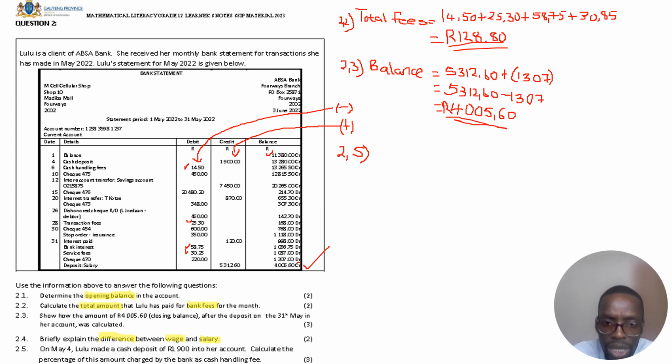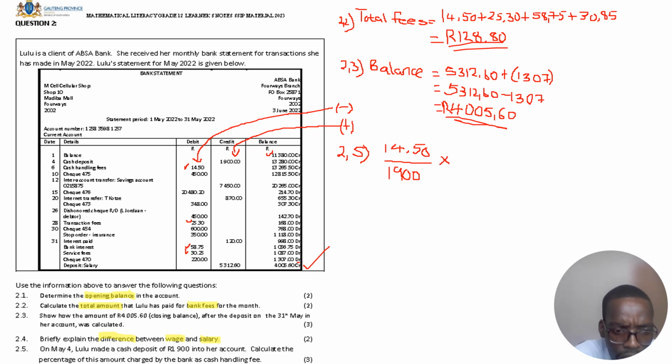So this is what we are saying now. We are going to say our 14 rand 50 divided by the 1,900 that we had deposited. That's the amount of money that we had deposited.